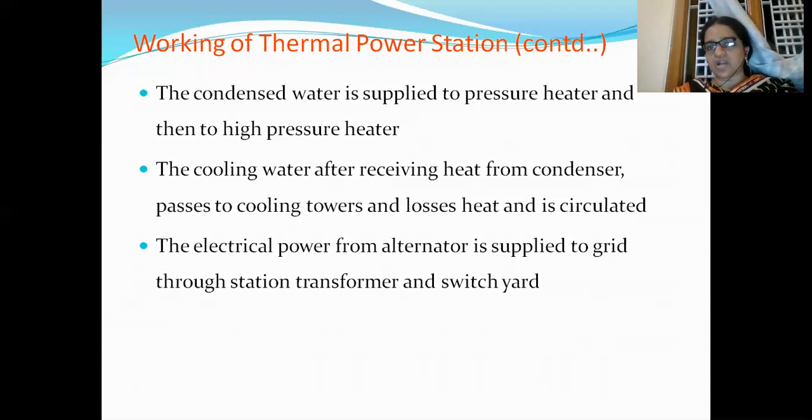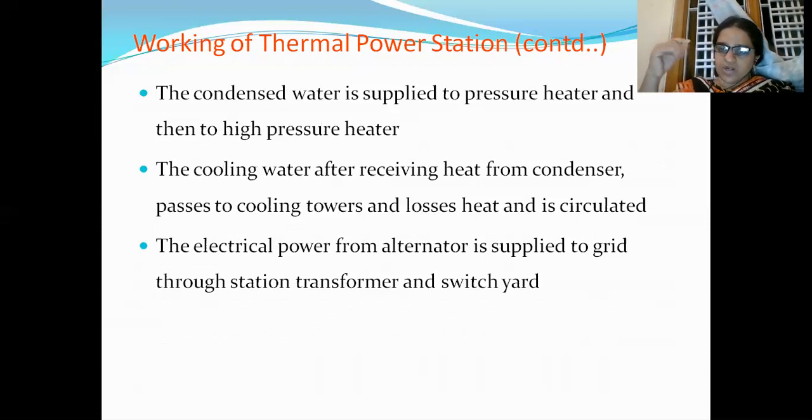Okay, the cooling water after receiving heat from the condenser. You will have cooling water around the tubes of the condenser, and through the condenser tubes we allow exhausted steam, right?